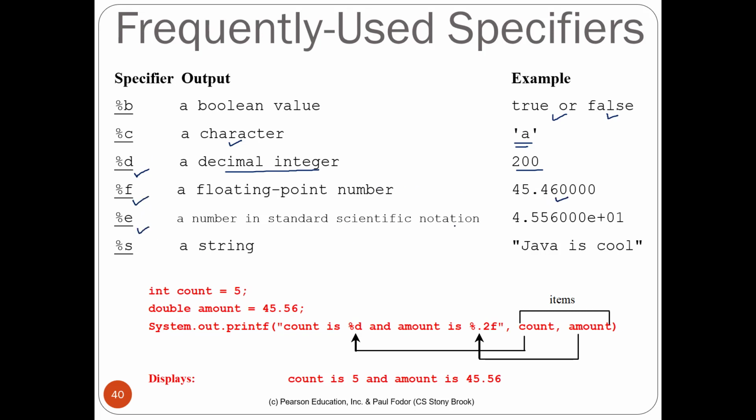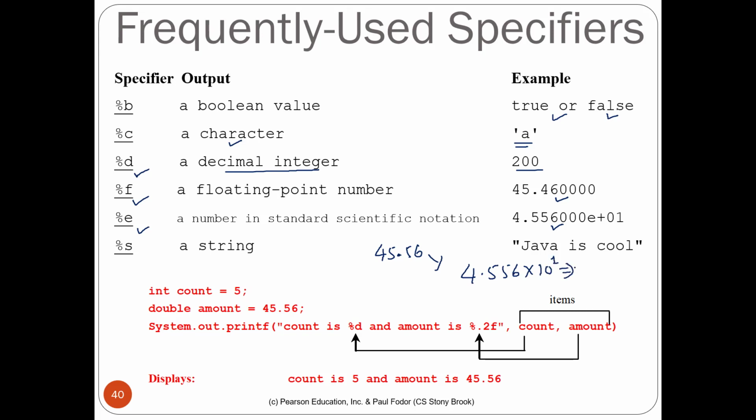Percentage e is when you want to print the value in scientific notation, which is 4.55. I hope you know what scientific notation is. This corresponds to 45.56. That's how you would write it normally, but if someone says we need to write it in scientific notation, then it will be 4.556 times 10 to the power 1.